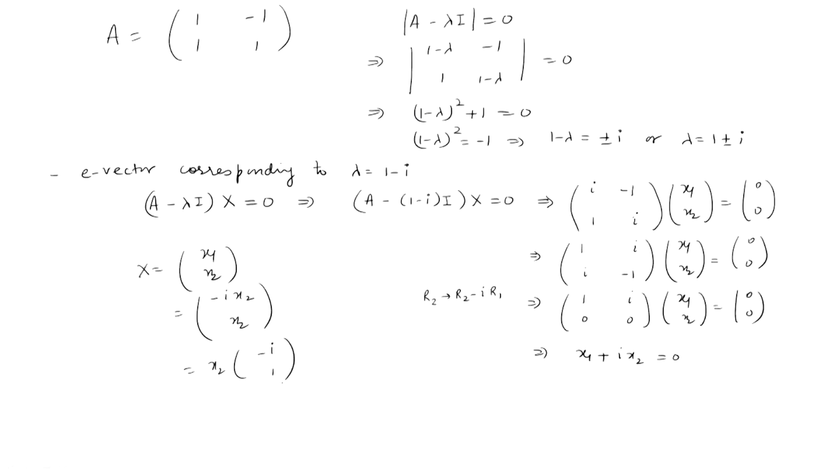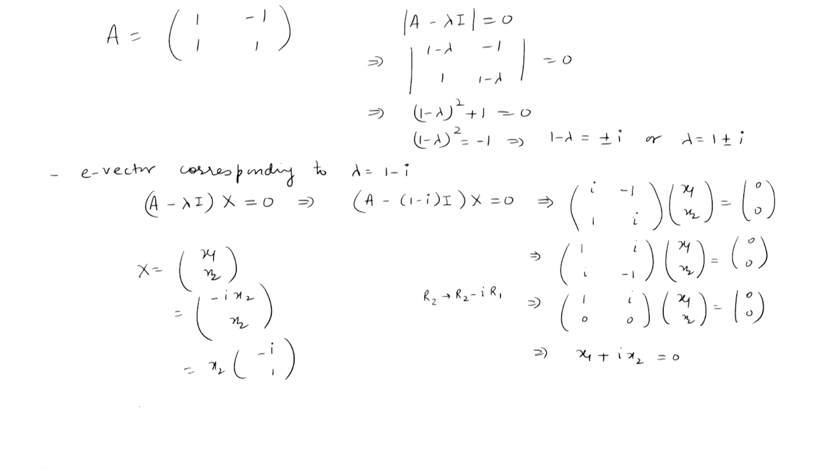So, we can say that corresponding to lambda equal to 1 minus iota, the linearly independent eigenvector is say minus iota, 1 transpose. Now, similarly, you will take lambda equal to 1 plus iota, and we can find the corresponding linearly independent eigenvector on the same lines.